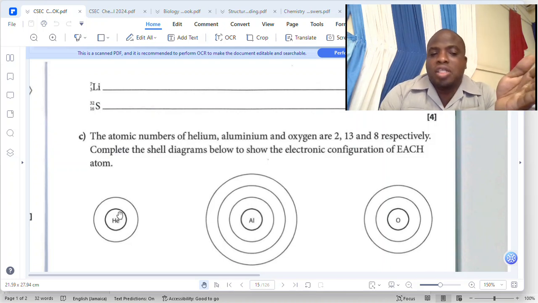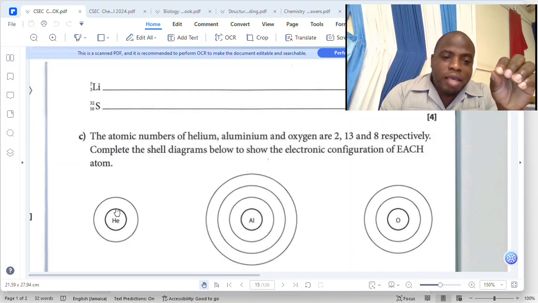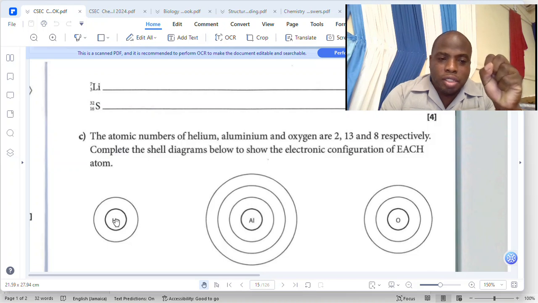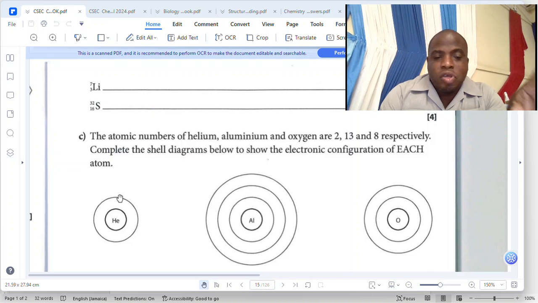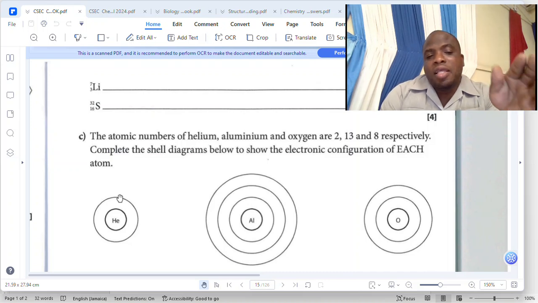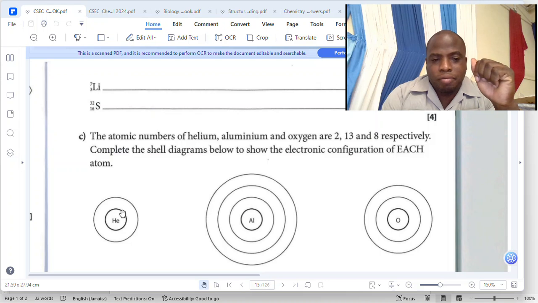This first circle is really representing the nucleus. So what is inside of here is the protons and the neutrons. The next circle is representing the first shell. So if you place electrons on the nucleus, it is not a correct way to do it.